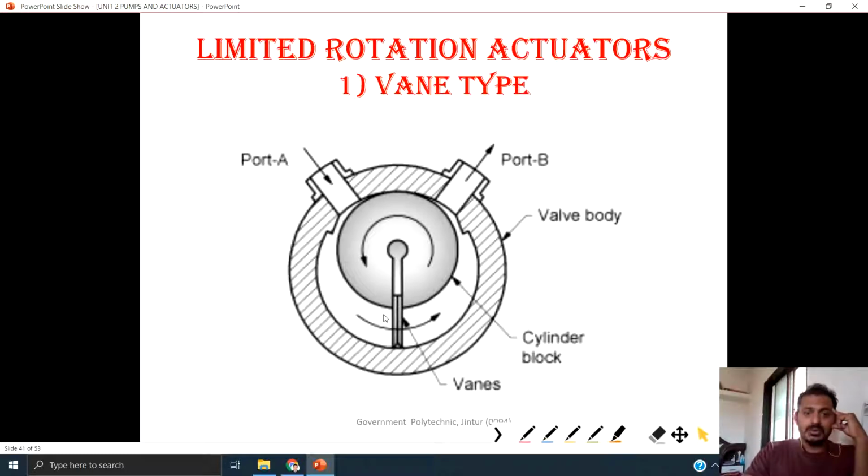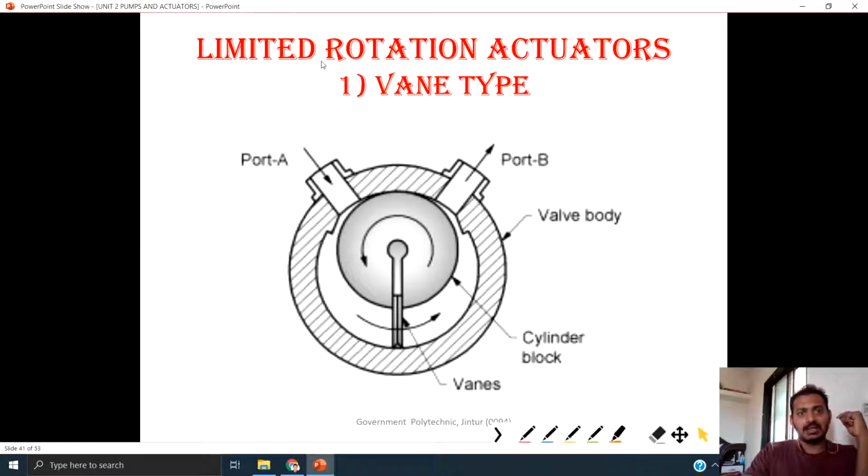When the vane starts rotating, it is continuously in touch with the outside casing. So this fluid tries to push this vane. When the distance between these two decreases, the vane compresses the spring and goes inside the cylinder block, and we are having a rotation of this cylinder block, and this is the output of this actuator.